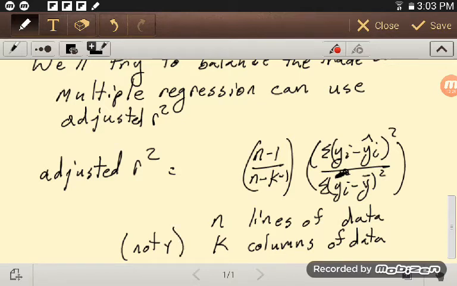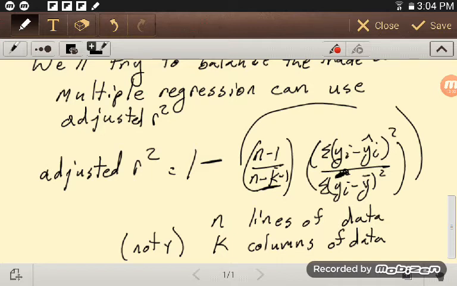Okay, so this is our columns of data, and notice what happens: since we're subtracting k, for any given number of lines of data, as k increases, as we increase the number of columns, the denominator gets smaller, and so this multiplier gets bigger, which makes this whole thing bigger. But then, just like in the R squared, we take 1 minus, which would make our adjusted R squared smaller.